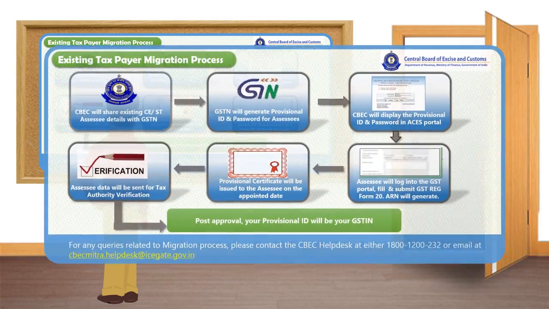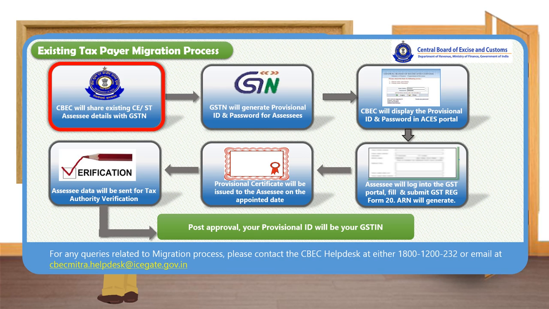Based on the Service Tax or Central Excise taxpayer details shared by CBEC, GSTN creates their provisional IDs. Taxpayers can get these provisional IDs on the homepage of the ACES portal and use the same to log in to the GST portal.